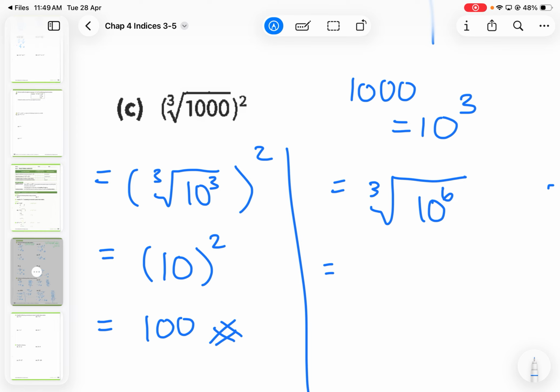You can give the power to what is inside first. Also can. Okay? Then you will get the same thing.